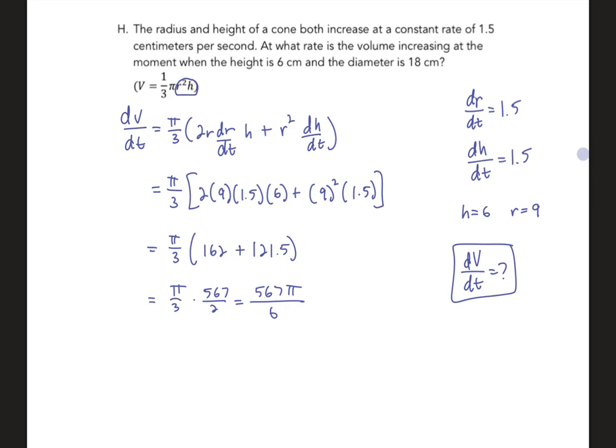And actually 567 is divisible by 3, I think. Yeah, it's divisible by 3. Divide by 3, you get 2, divide by 3, you get 189. So final answer, dV/dt, most simplified, 189 pi over 2.